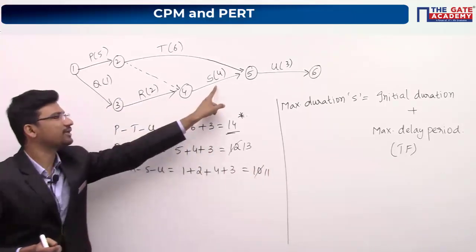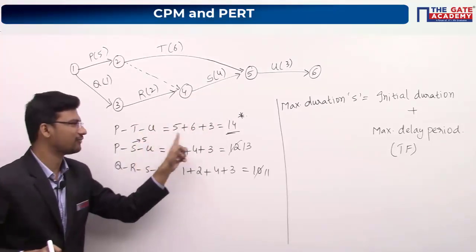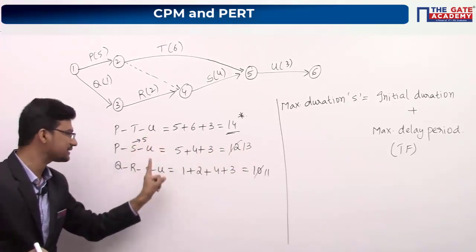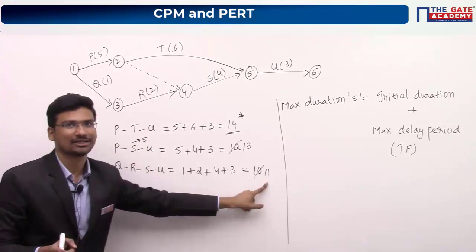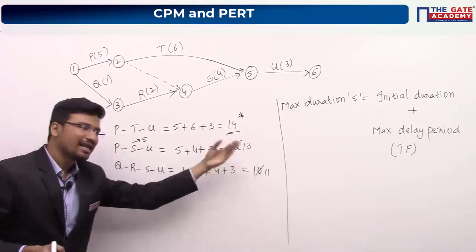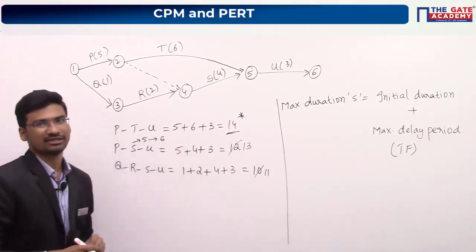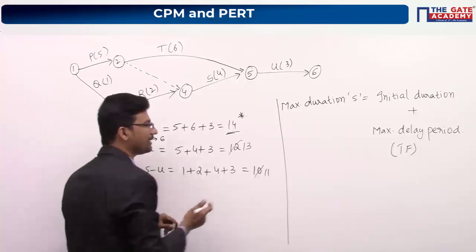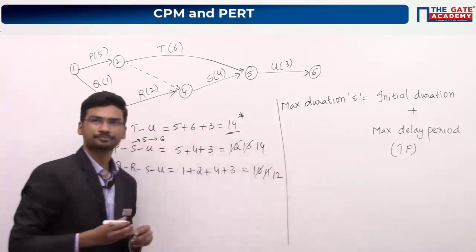Initially your duration is 4, now I am increasing it to 5 weeks, so this becomes 13, and in this path also you have activity S, so this becomes 11. Now again I am increasing it, let us say to 6 weeks. Then this will become 14 and this will become 12.